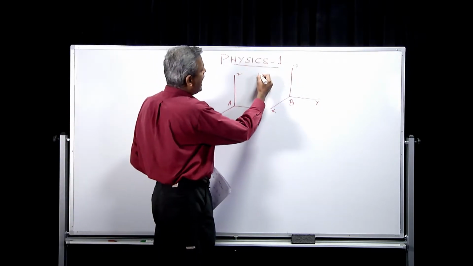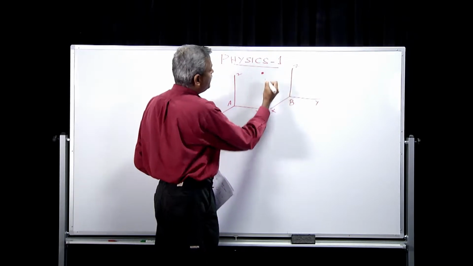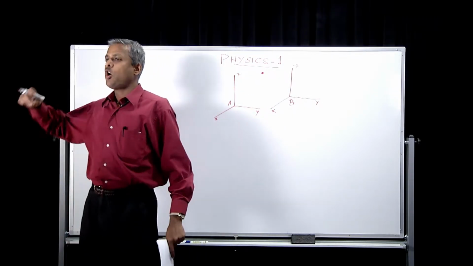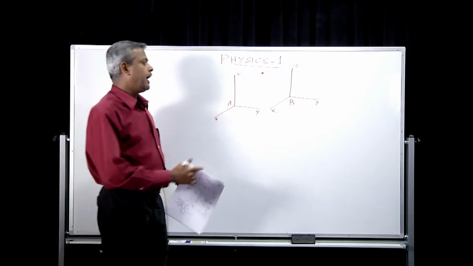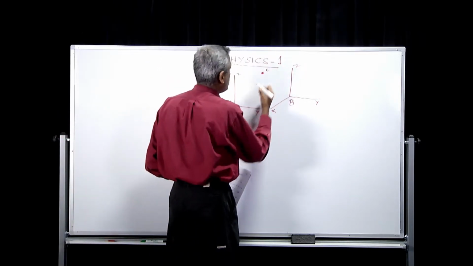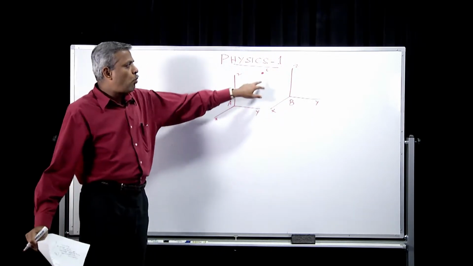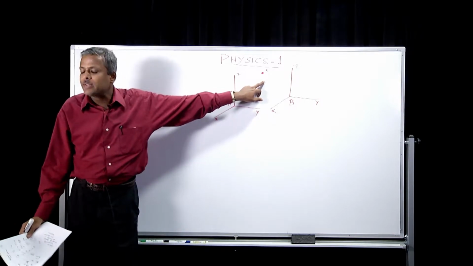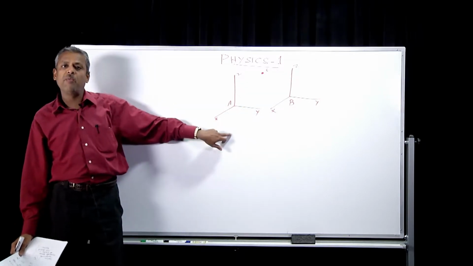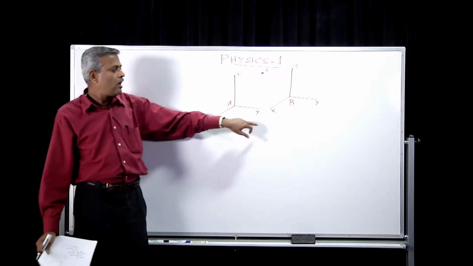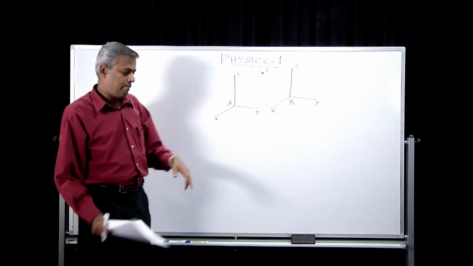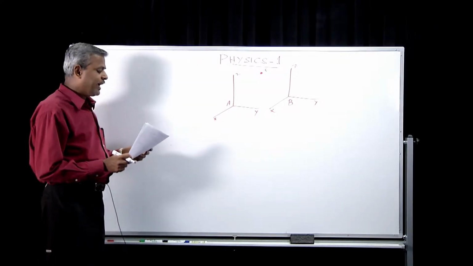Now, I have a point or some object which is lying in between A and B, that is called C. So, what is the position of this guy C with respect to frame 1, that is frame A, or with respect to frame B? Okay. So, how can you get that?